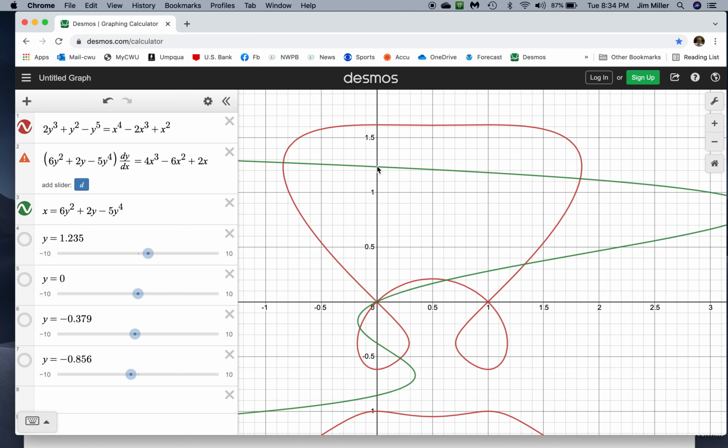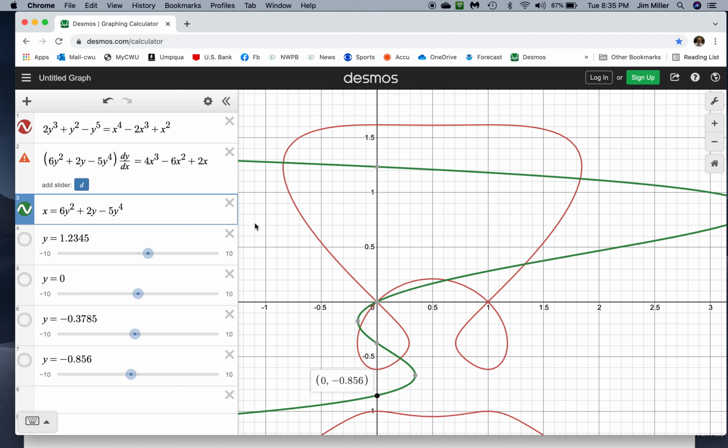It crosses right there, which is at 1.2345. This is that number rounded off. I'll put in the 4. And it crosses right there, which is 0. Crosses right there, which is negative 0.3785. So I'll change that to 85. And the last one is down here, negative 0.856.